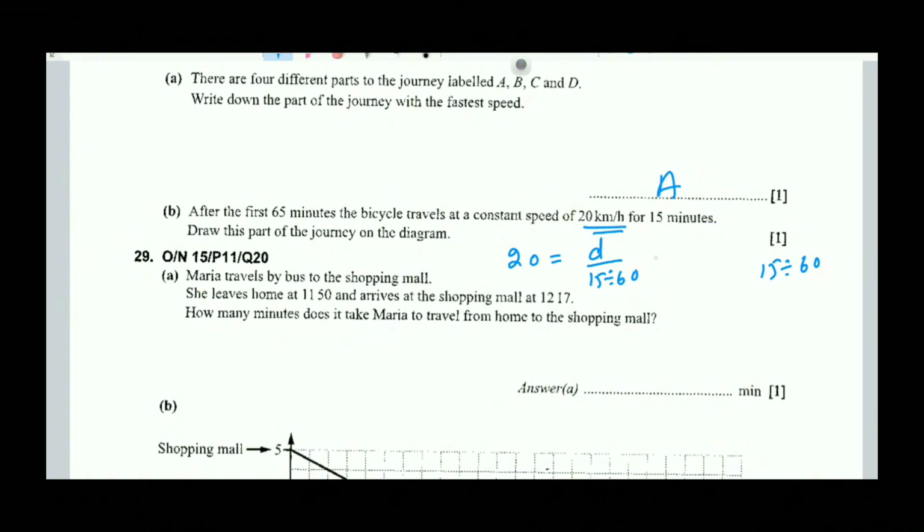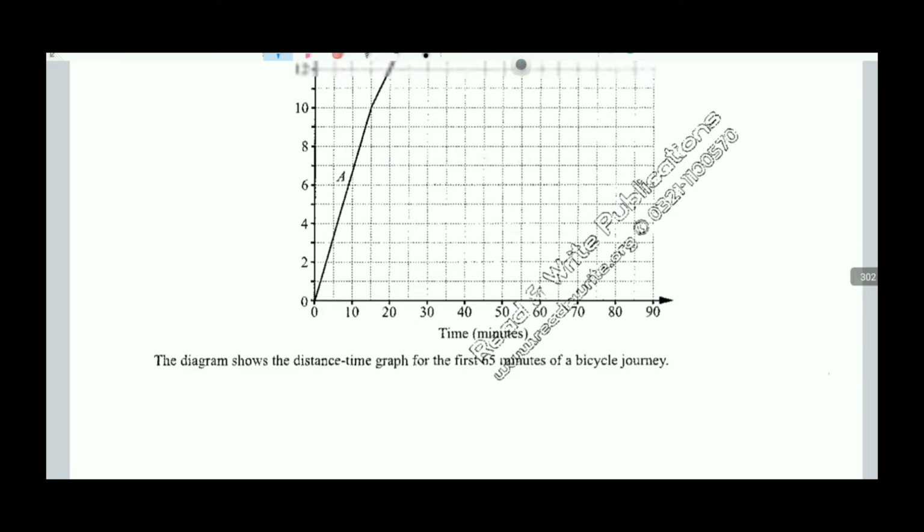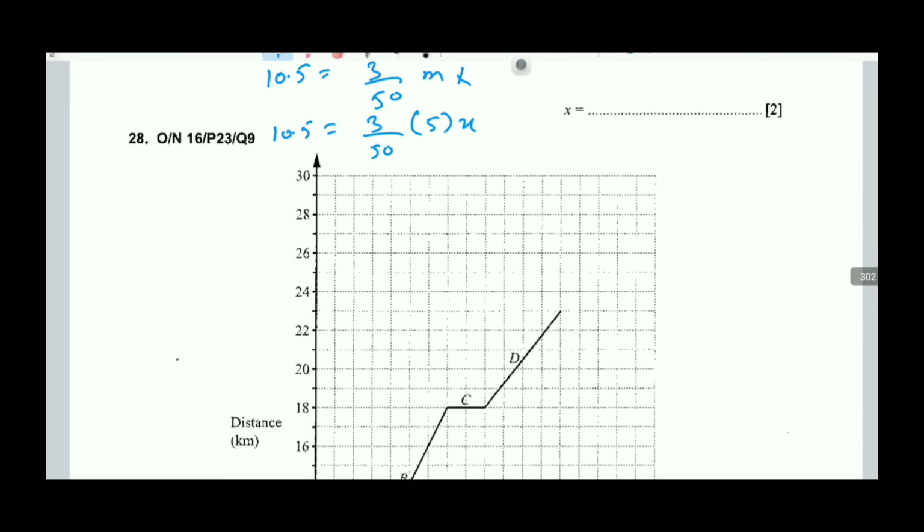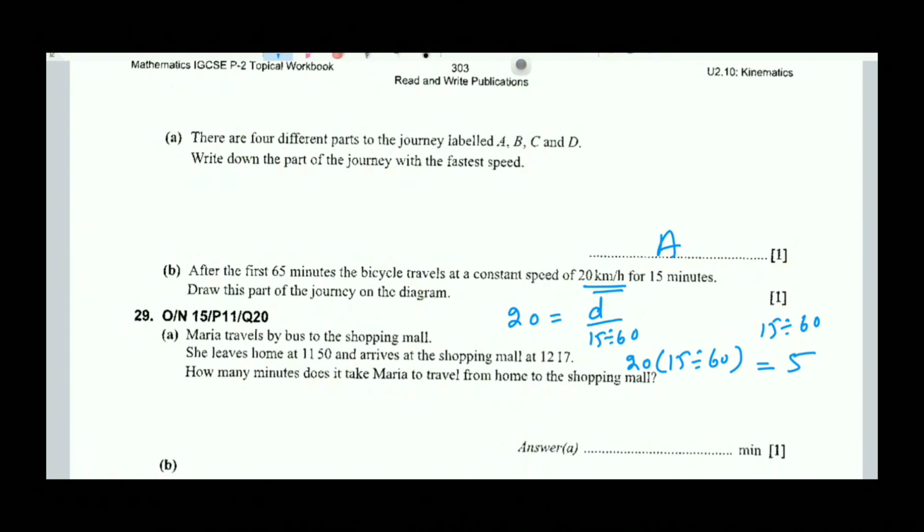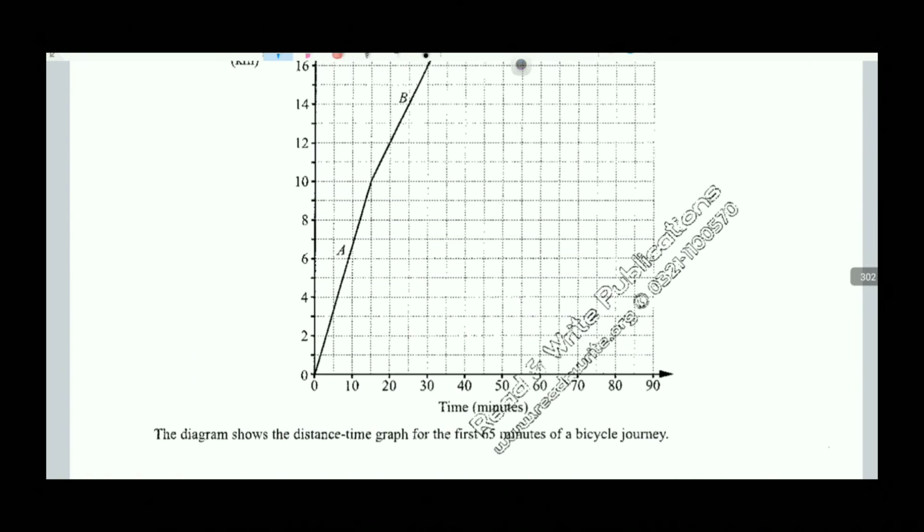So what is the distance actually here? 20 into 15 divided by 60 is equal to 5, so 5 is the distance. It means that 23, 1 2 3 4 5 till 28. What was the time? Time was 15 minutes.